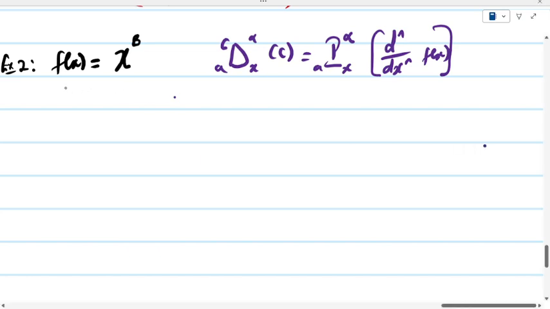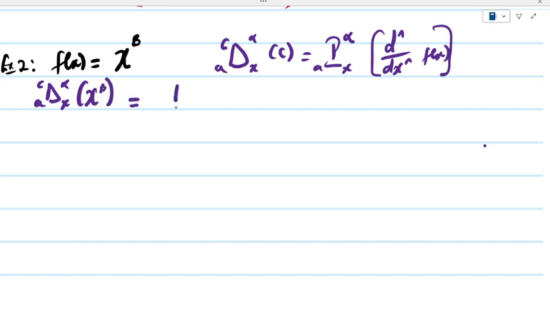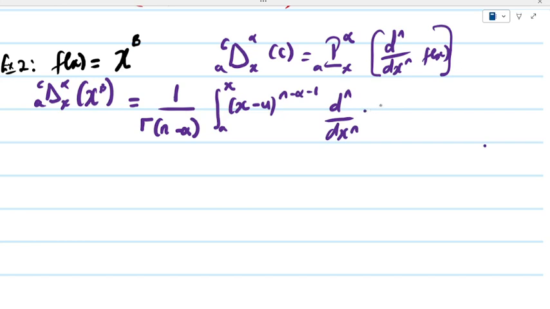Alright, so now we have our Caputo derivative of x raised to power b, and that will give us 1 over gamma n minus alpha, integral a to x of x minus u to the power n minus alpha minus 1, then d^n over dx^n of x raised to power b.